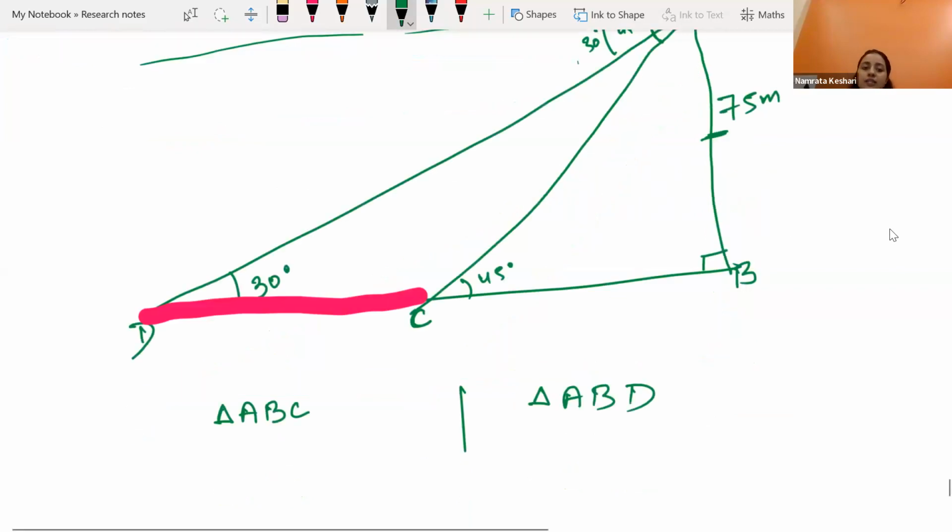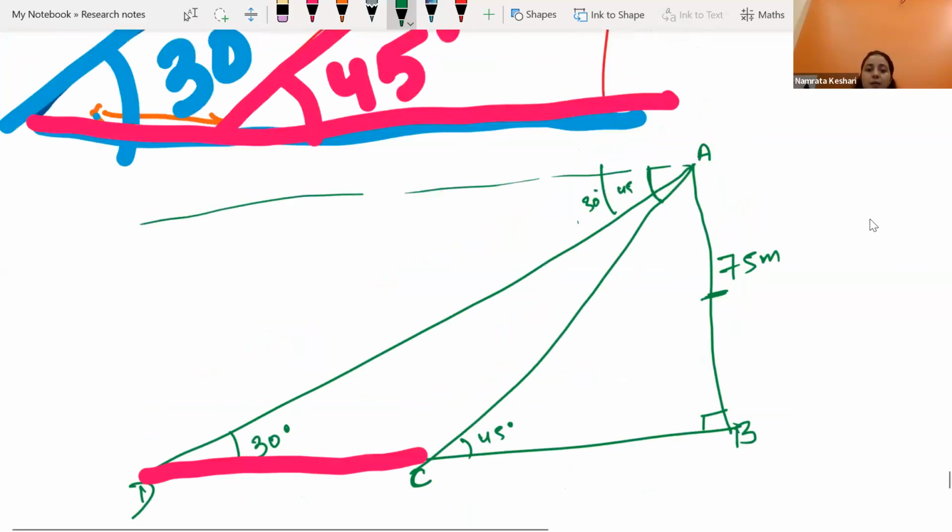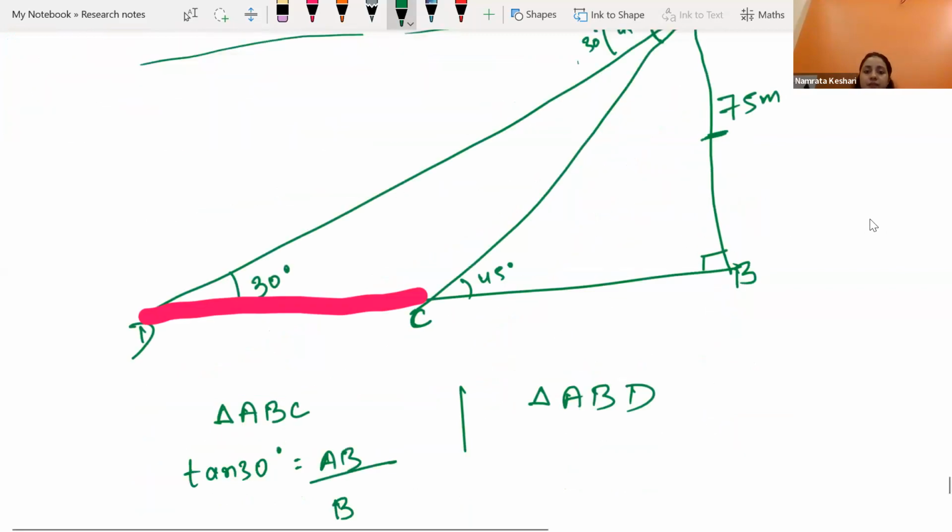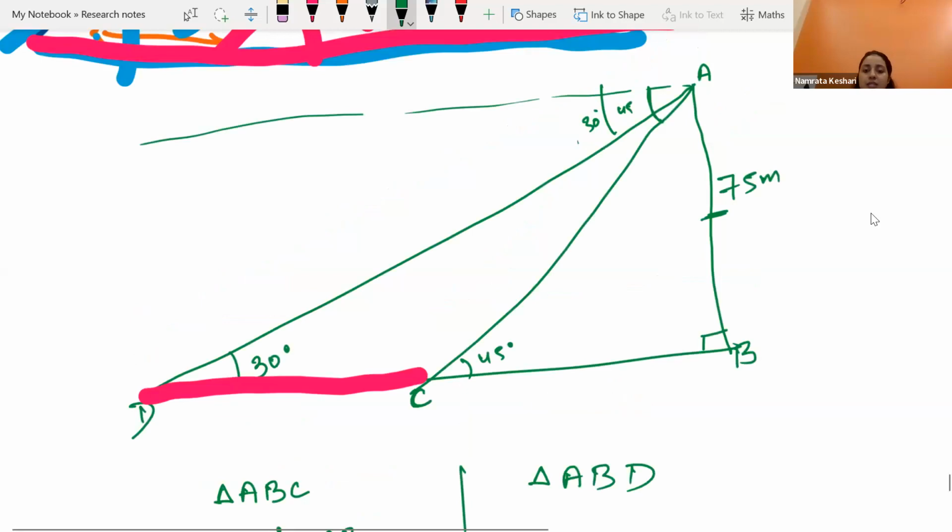In one of the cases, tan 30 degree is equal to opposite side over adjacent side. Opposite is AB and adjacent is BC. This is 45 degree because we are talking about triangle ABC. Focus on ABC.